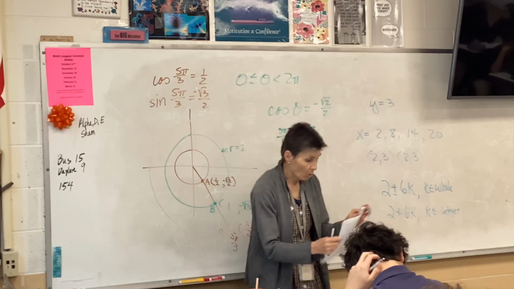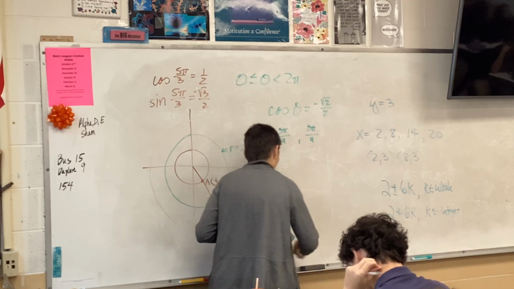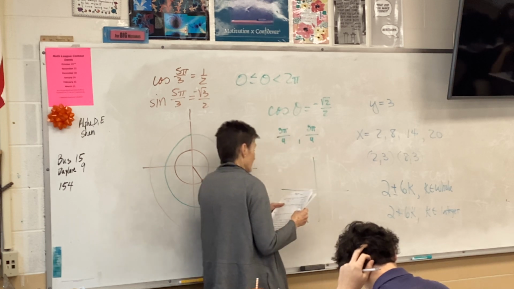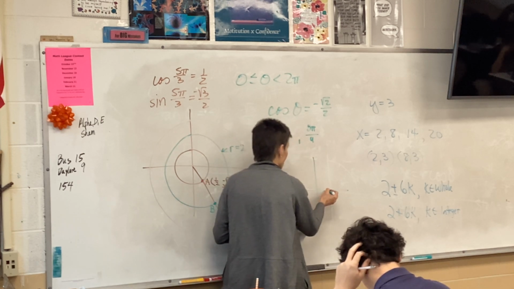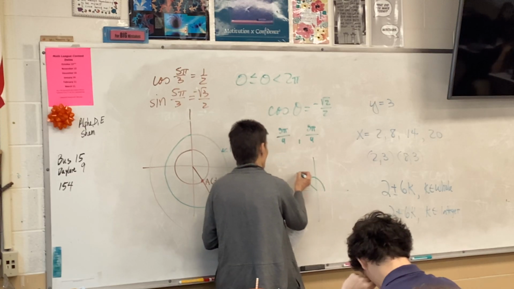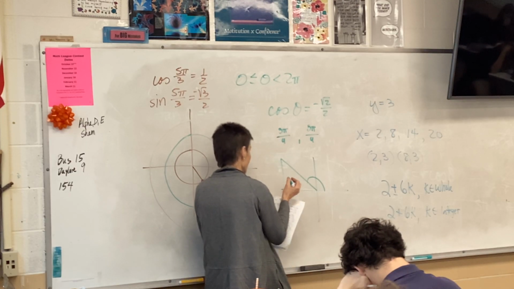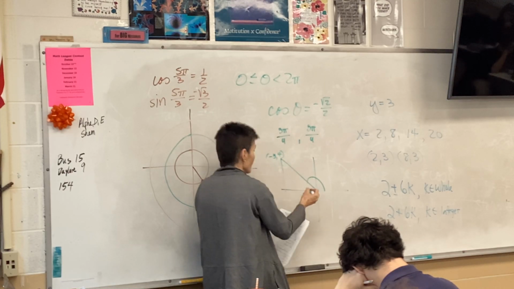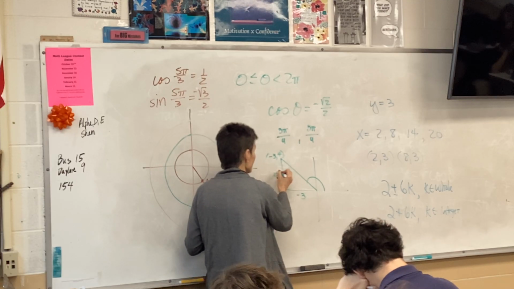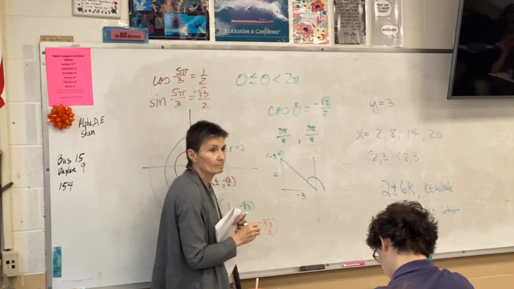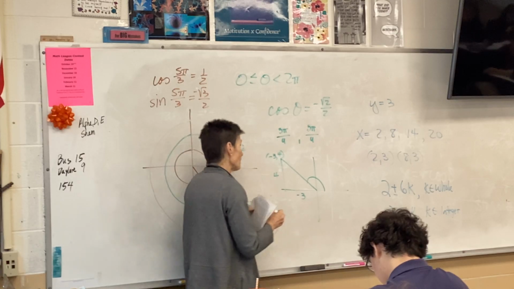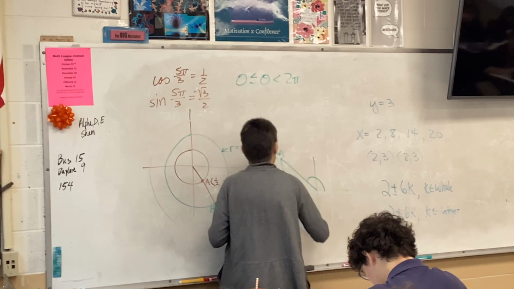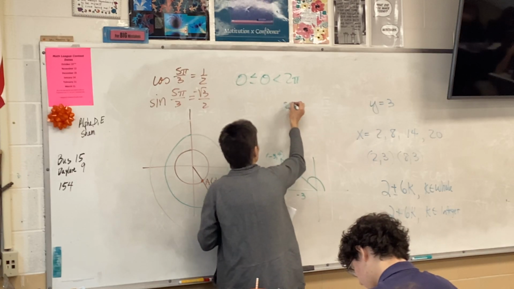3.2, number 1. We have an angle in standard position, so that means it starts here, and its terminal side is over here at negative 3, 4. So this side is negative 3 and this side is 4. I'm supposed to be finding sine and tangent.